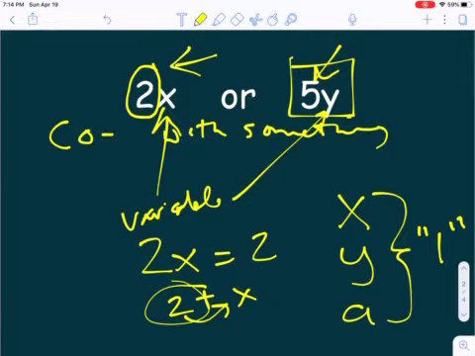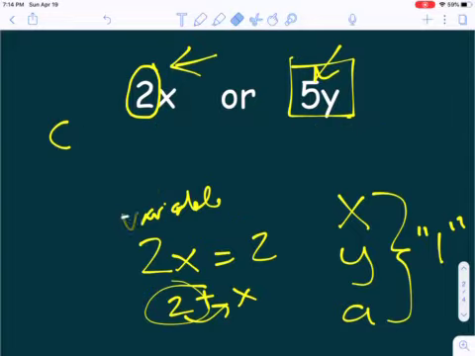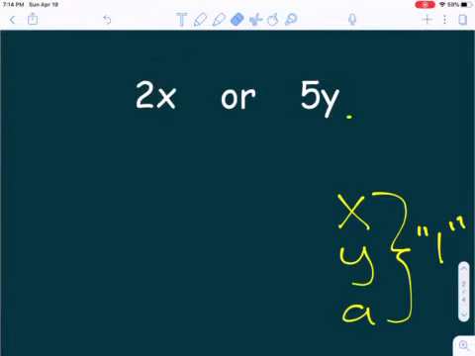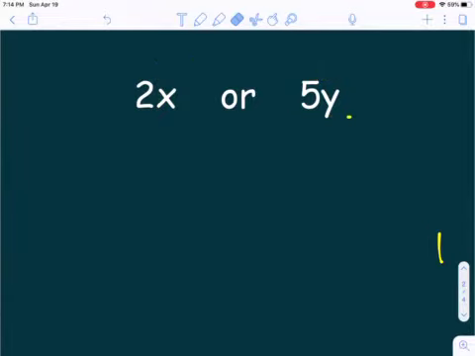Now let's talk about what they mean by rational, and I'm going to clear this page a little bit. Anything that's rational, pretty much what they mean is anything that falls in the number family.